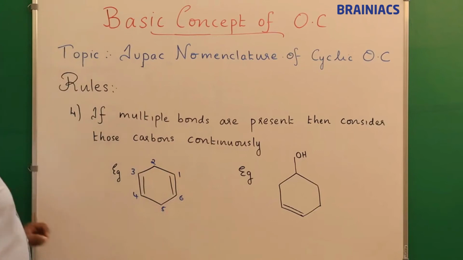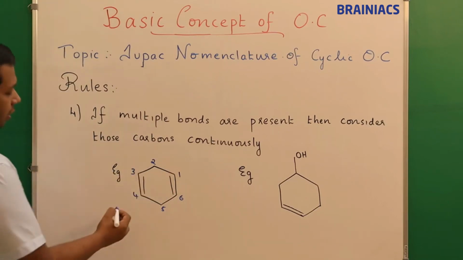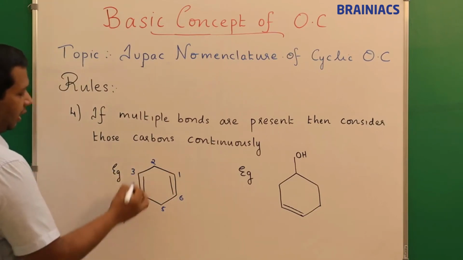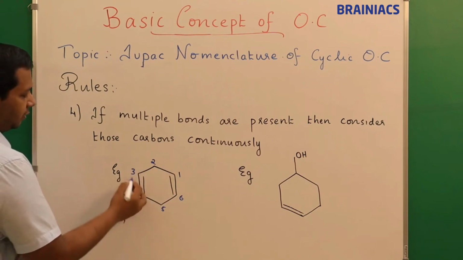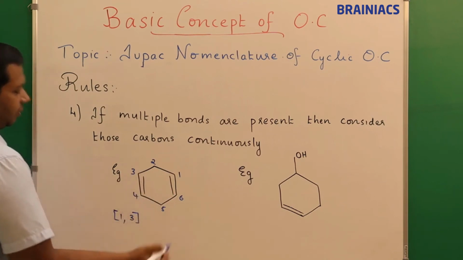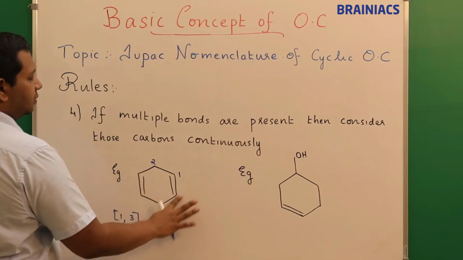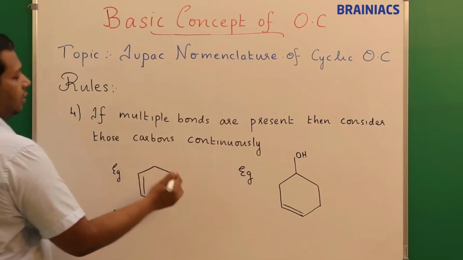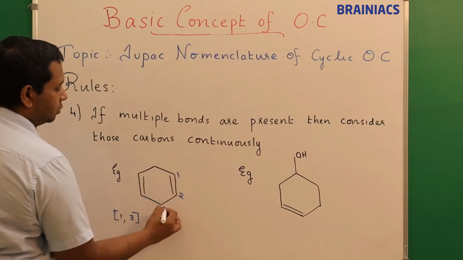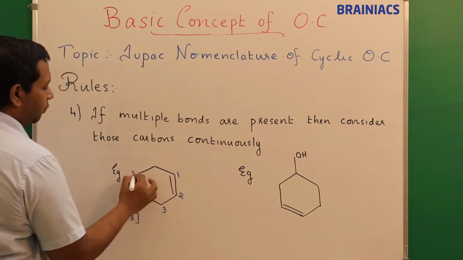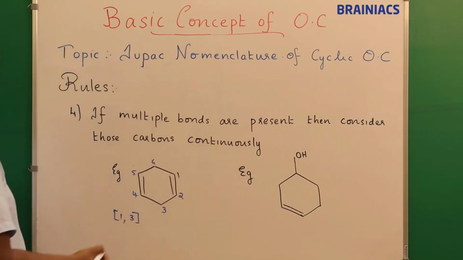Now tell me what are the least numbers coming to these multiple bonds? 1, correct? And the least number between 3 and 4 is 3. So 1, 3 is the locant I am getting. Now suppose another person did it like this. 1, 2, 3, 4, 5, 6. So tell me the numbering.